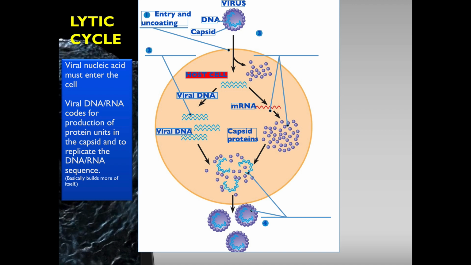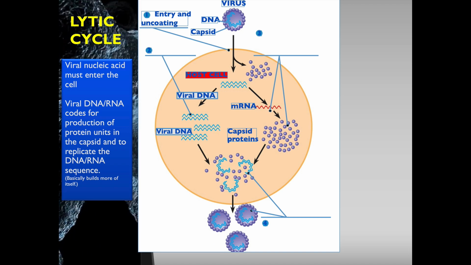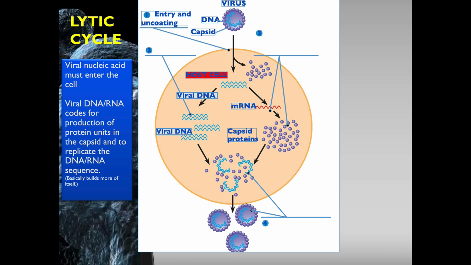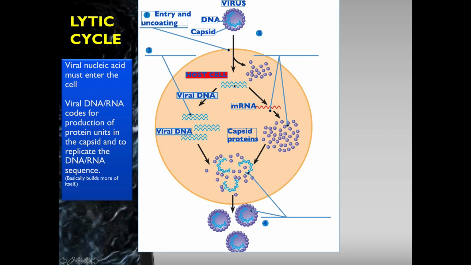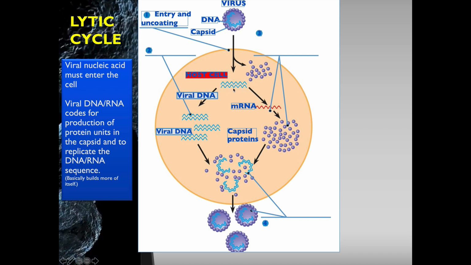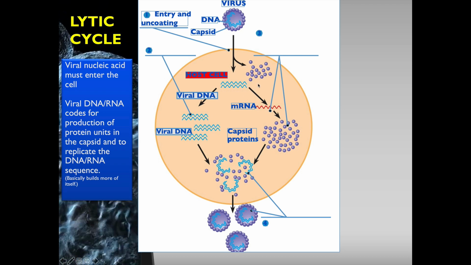That viral DNA or RNA will code for production of protein units in the capsid and to replicate the DNA and RNA sequence. So basically, it's going to build more of itself. You can see here, this DNA will then go ahead and cause more DNA to be built.